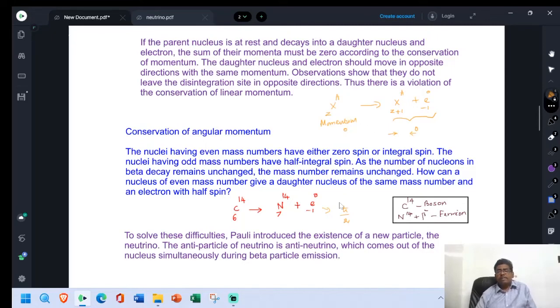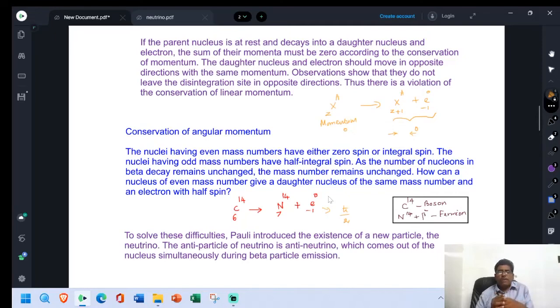This violates the conservation of angular momentum, because carbon has an even mass number and nitrogen also has an even mass number. Adding an electron of angular momentum h-bar by 2 converts a boson into a fermion. In this way, energy, linear momentum and angular momentum are not conserved during beta particle emission.